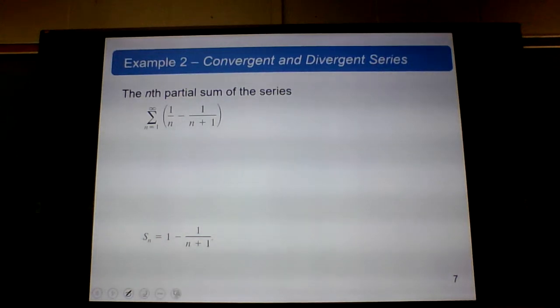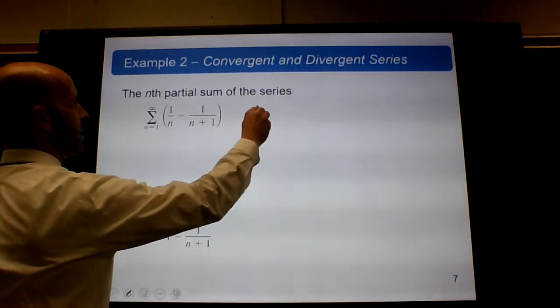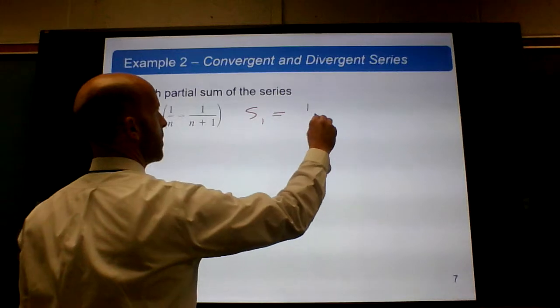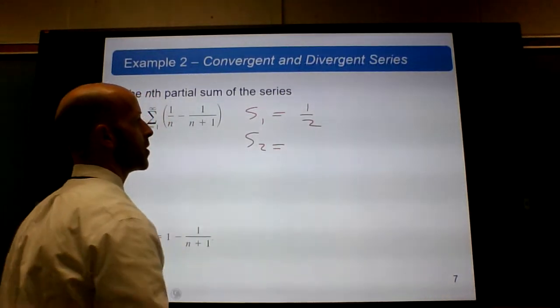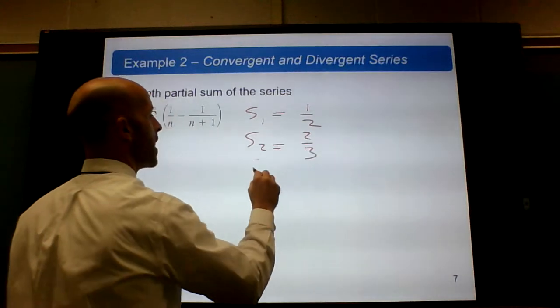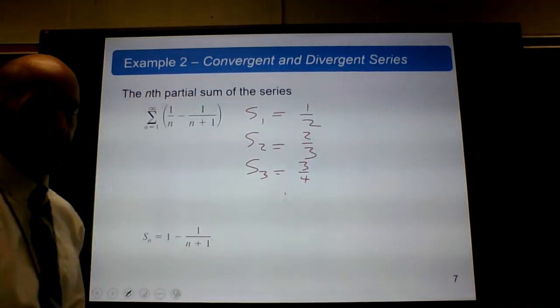Okay, example 2. This is the nth partial sum again. So we're going to try to find the first 3 terms, and I'm going to just write these down. We could do these the hard way, but it turns out that S1 is 1/2, S2 turns out to be 2/3, and S3 turns out to be 3/4, and then on down the line.